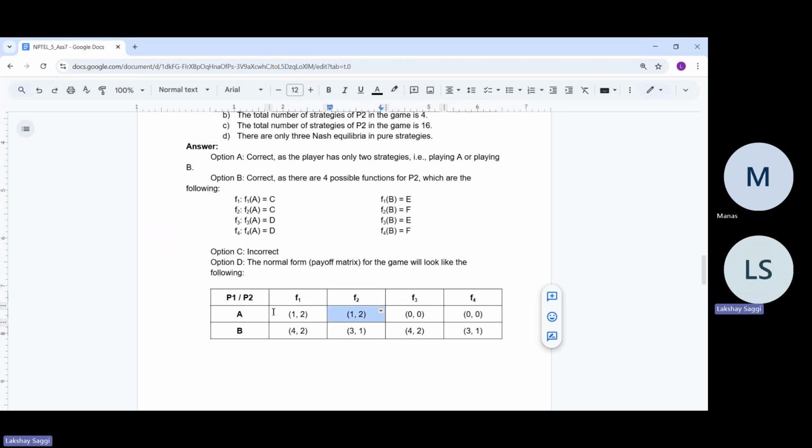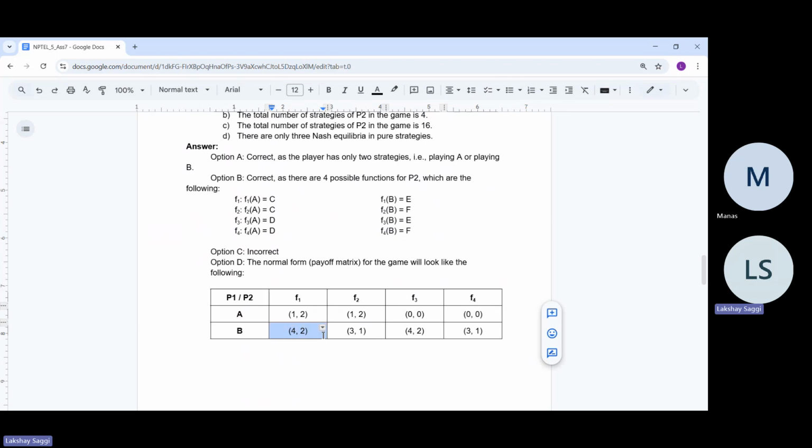Similarly, if we see here, then again the row player has an incentive to switch since the payoff goes from 1 to 3 on switching. So this is not a Nash equilibrium. Similarly here in this case, again the row player has an incentive to switch, and here also. Note that this row strictly dominates this row for player one's payoff. So there cannot be any Nash equilibria in this row.